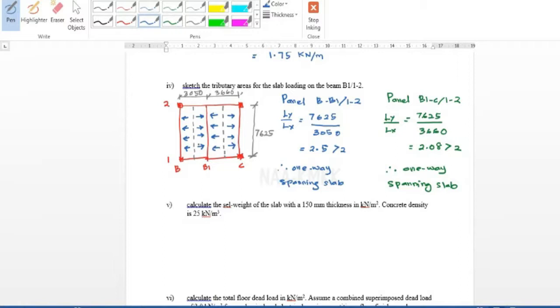This is how to sketch the tributary areas, the slab load distribution area to the beam. Sketch the tributary areas for the slab. It means this beam B1/12 will support half of the load from slab B1/12 and half of the load from slab B1C/12. Okay, clear guys?